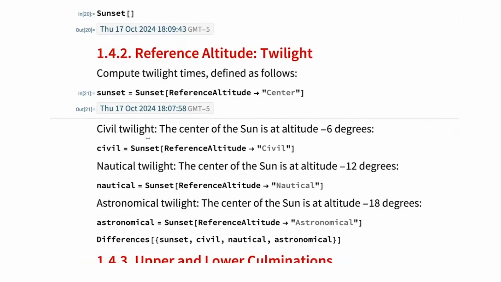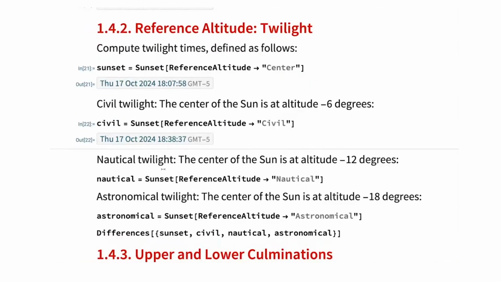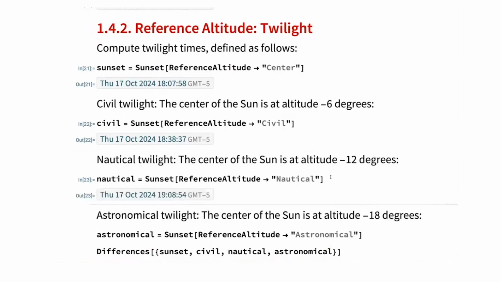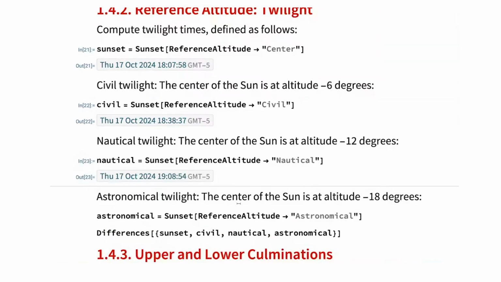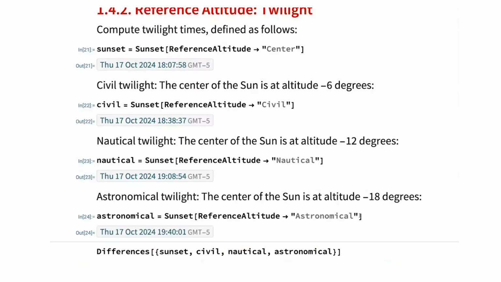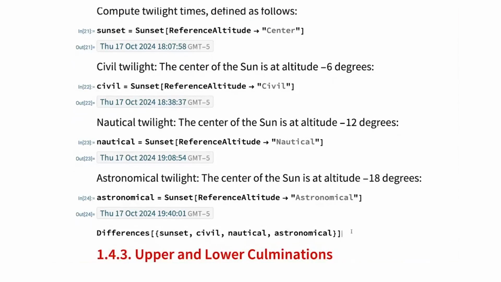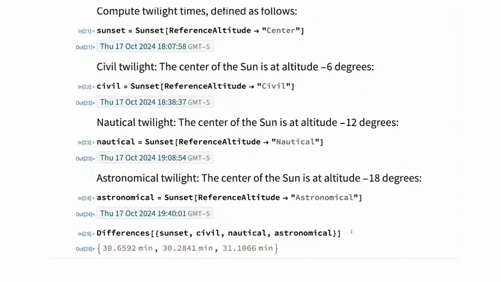The civil twilight is defined to be when the sun reaches 6 degrees below the horizon. Then the nautical twilight is even later, so it's darker, 12 degrees. And the astronomical twilight, when astronomers can start making observations with a very dark sky, is even later, 18 degrees below the horizon. If we compare the 3 moments, we see that there is a difference of around 30 minutes between any pair of these, right? So the later it gets, the darker it is.